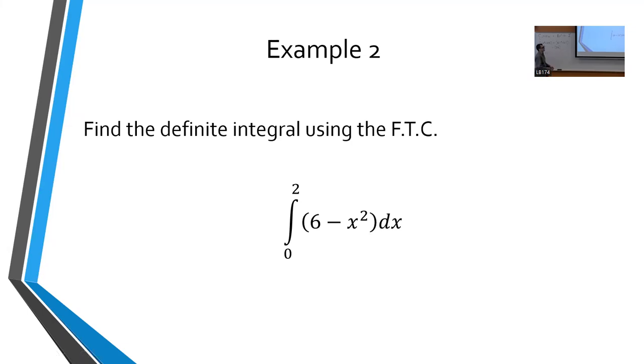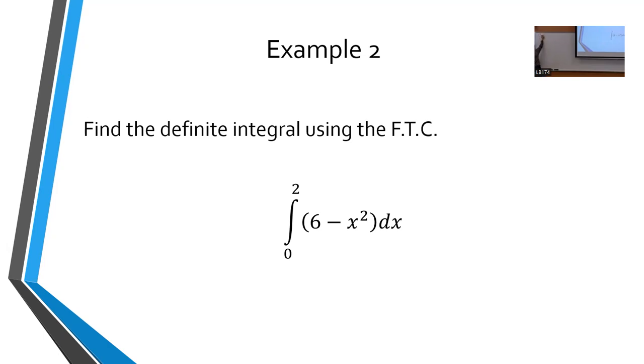So I want you to try this one. Just try typing it in: 6 minus x squared from 0 to 2. And then also I'll click on the next one, which is integrating sine of x. I forget the bounds on that one, but I think it's 0 to pi. I'll flip the page.